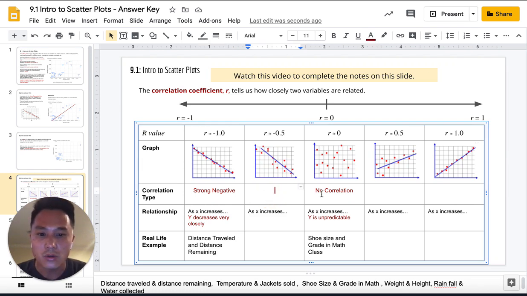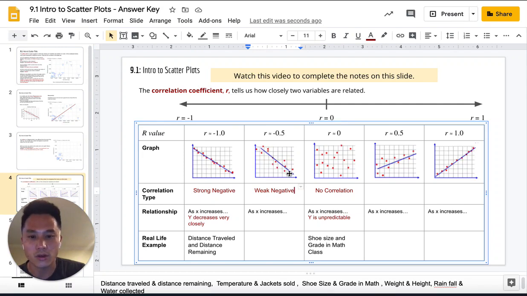So, in between a strong negative and no correlation, we can also have a weak negative correlation. And this is usually when the R value is somewhere around negative 0.5. It might be a little bit less than that or a little bit more than that. And in the scatter plot, what that would look like is the points do make some type of pattern.